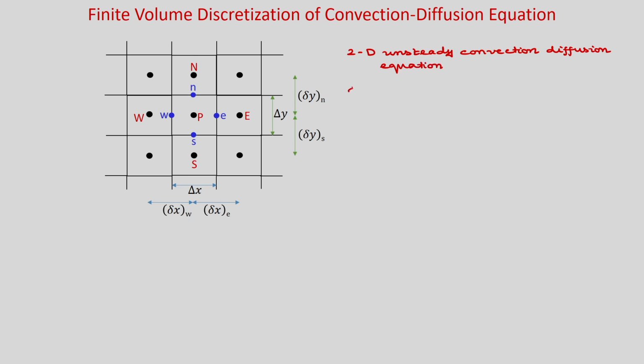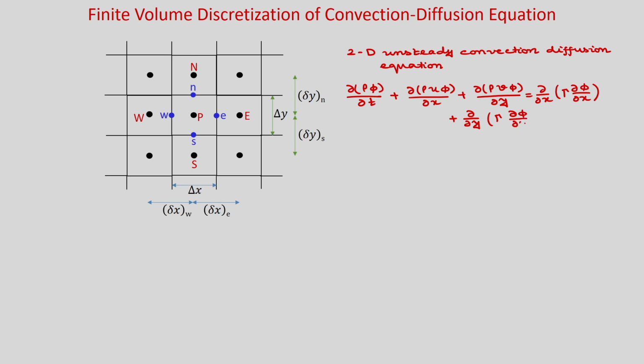In two dimensions you can write in conservative form: del rho phi by del t plus del rho u phi by del x plus del rho v phi by del y is equal to del of del x gamma del phi by del x plus del of del y gamma del phi by del y plus S.